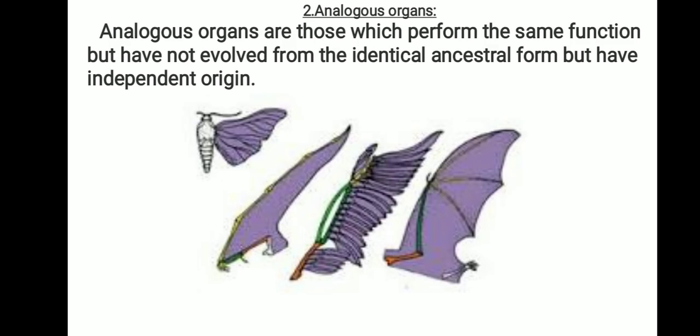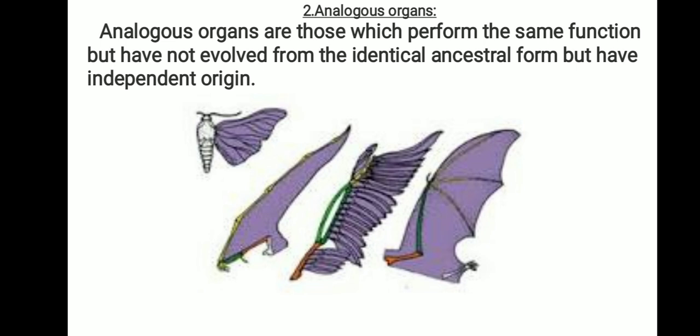Second one, analogous organs. Analogous organs are those which perform the same function but have not evolved from the identical ancestral form but have independent origin. For example, butterfly. Butterfly is having wings. It is a lifeless wing. If the wing is broken also, it cannot feel pain.